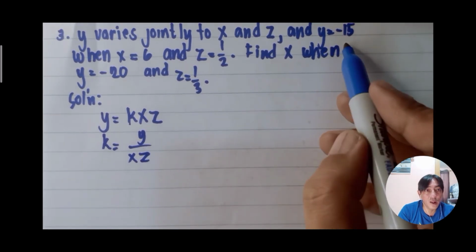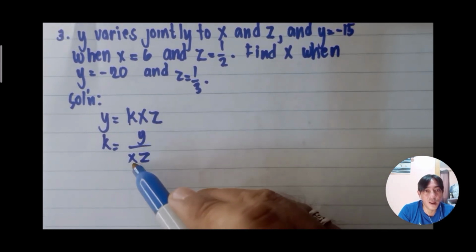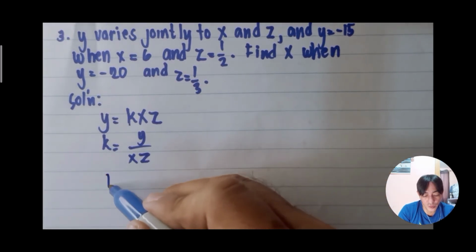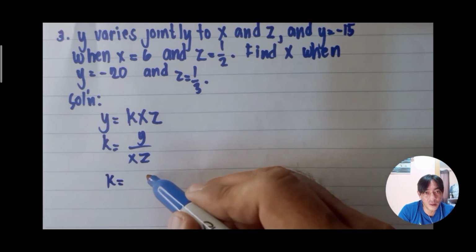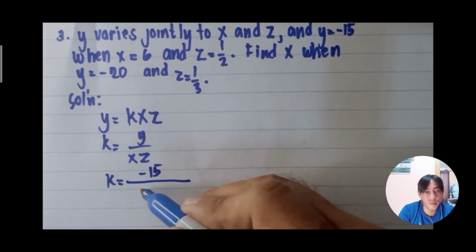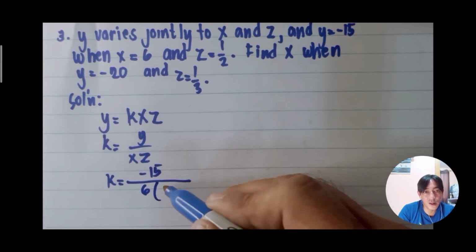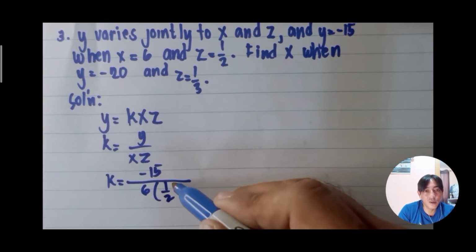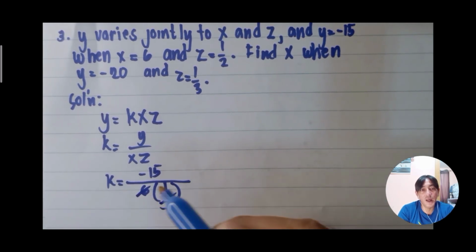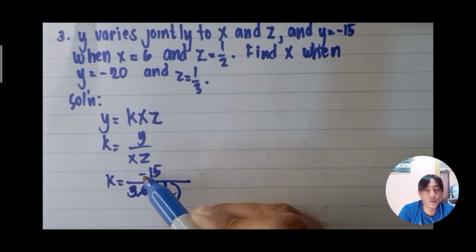Okay, ang y daw ay negative 15 kapag ang x ay 6 at ang z ay 1/2. So substitute natin sa given. K now equals negative 15 divided by 6 times 1/2. As you can see, yung 6 can be divided by 2, so that will be 3.